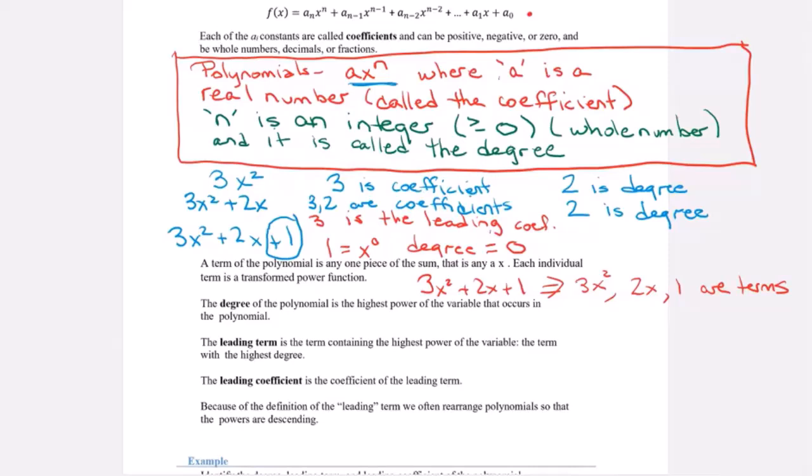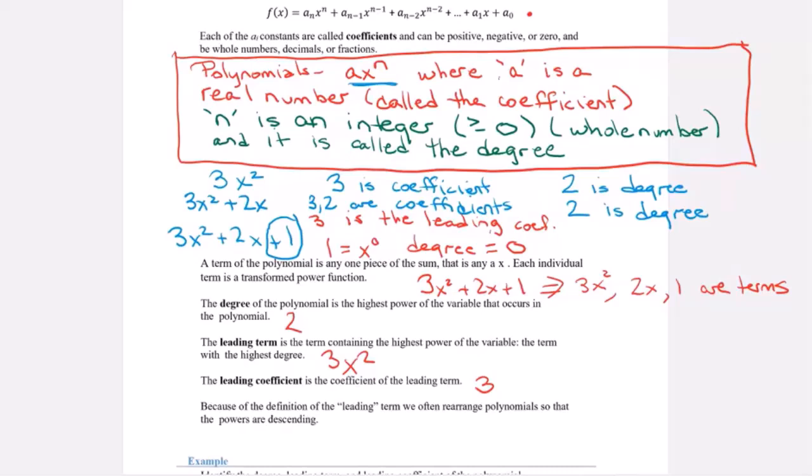The leading term is the term that contains the highest power of the variable. For our example, our leading term is 3x squared, and our leading coefficient would be 3. Because of the definition of leading term, we often rearrange polynomials so that the powers are descending.